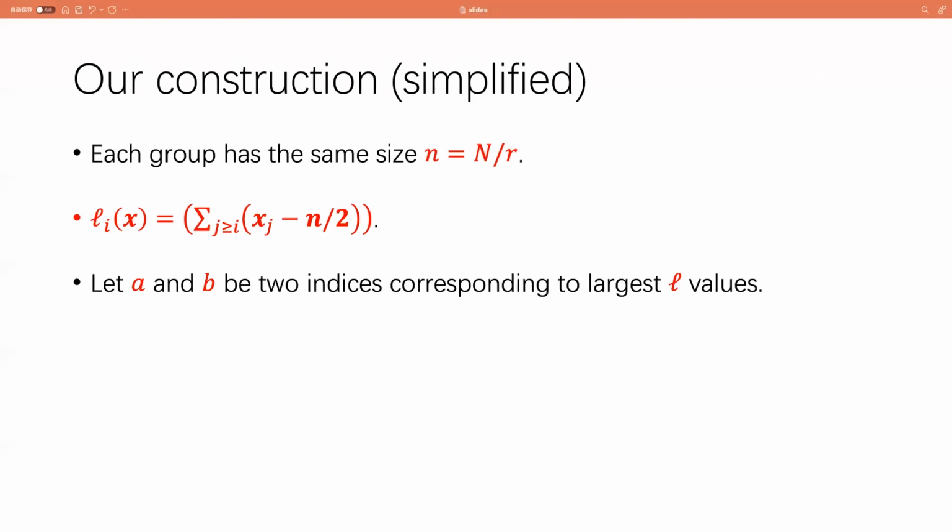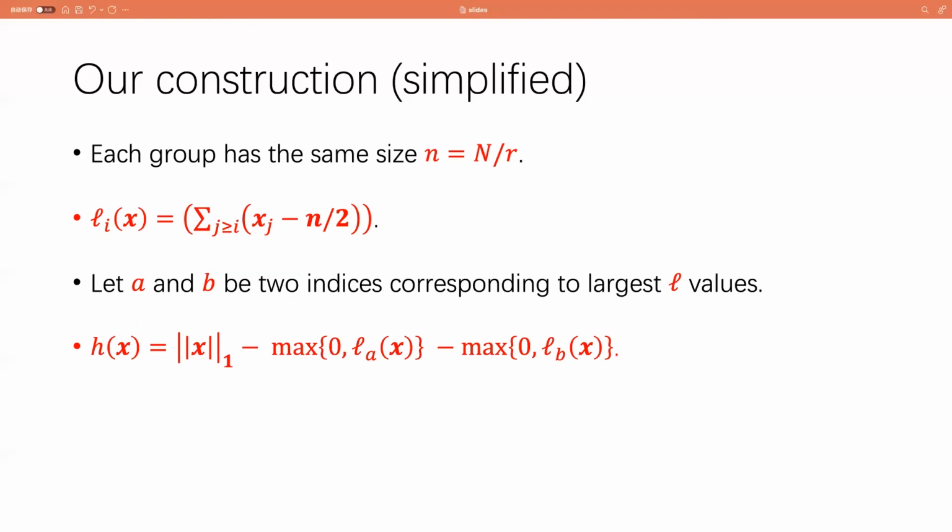And let A and B be the two indices that give the largest and the second largest L values. Then, we define h(x) to be the sum over all x_i minus max(0, L_A(x)) and max(0, L_B(x)).